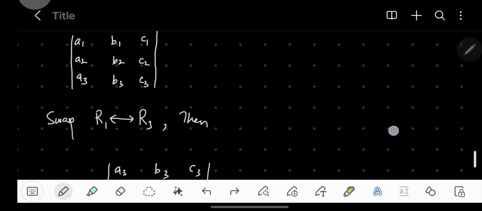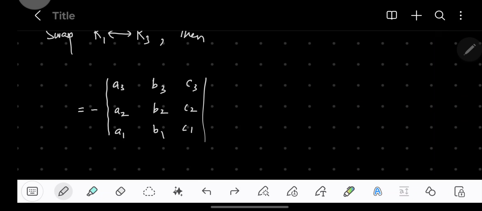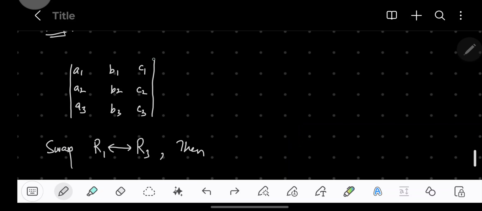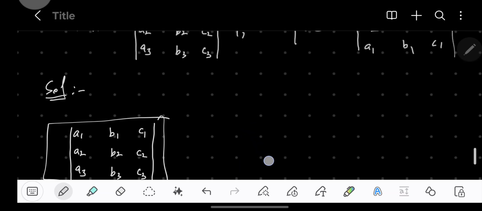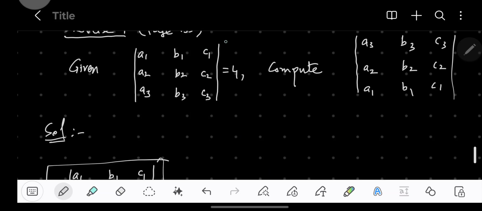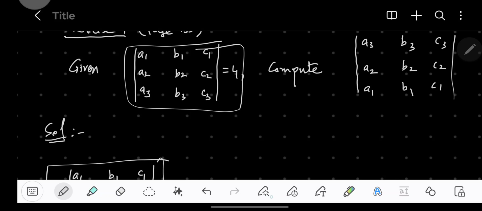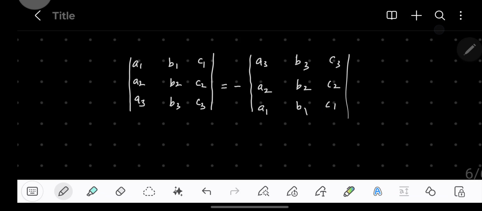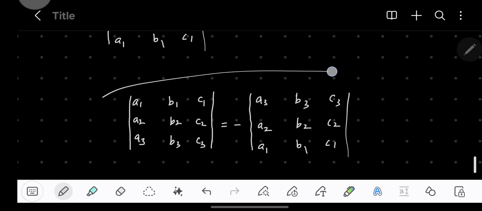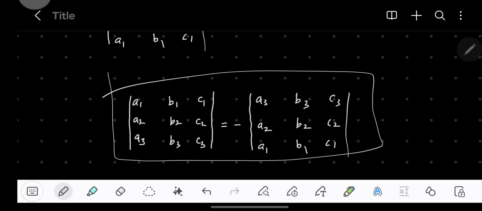So the matrix whose determinant is to be found is this one. But for the other matrix which we took from the start, it is given that the determinant is 4. If we compare these two, we will end up with this equation.